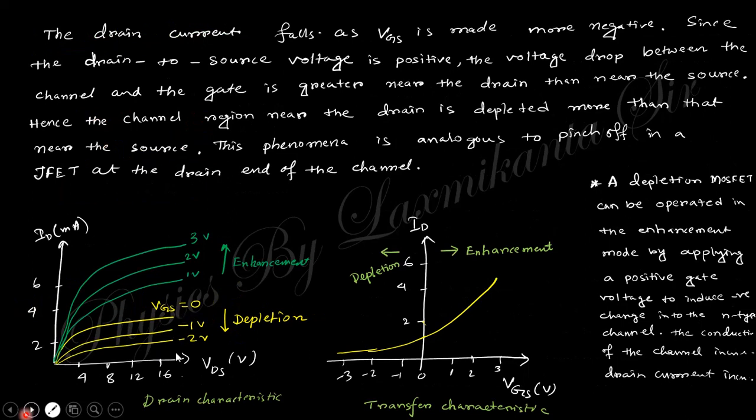So if you increase VGS in the opposite direction, the current will be reduced. This is depletion and this is enhancement. The transfer characteristic ID versus VGS will be like that: VGS positive is enhancement, and negative is depletion.